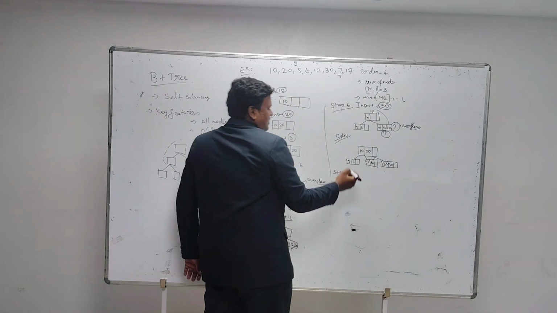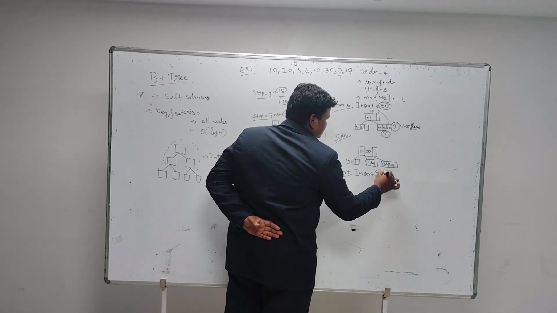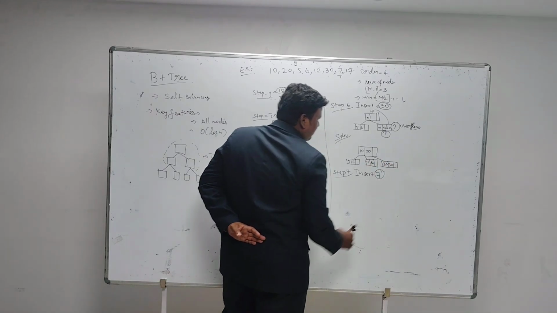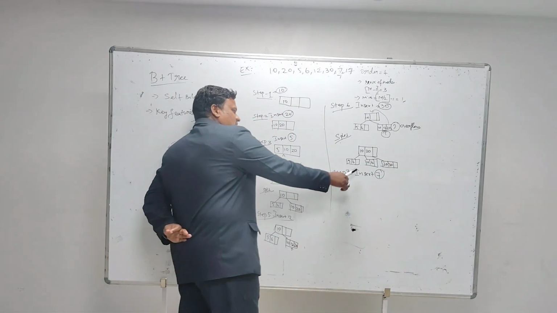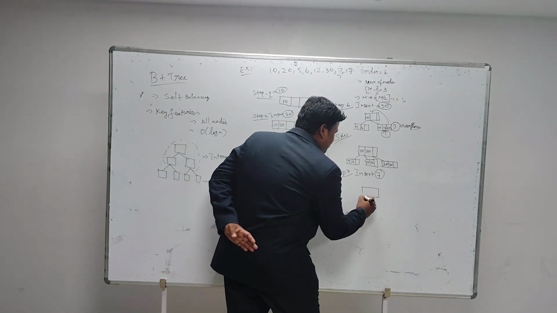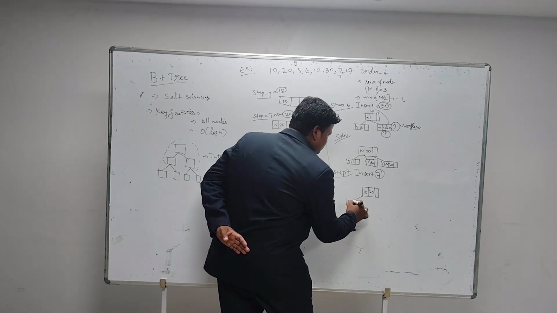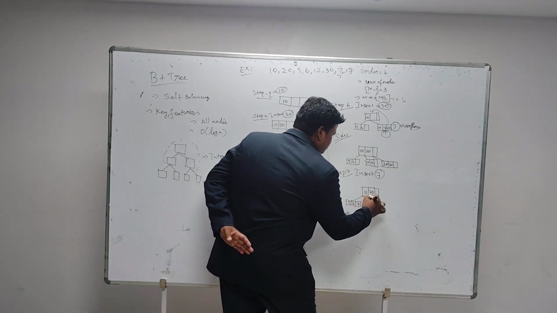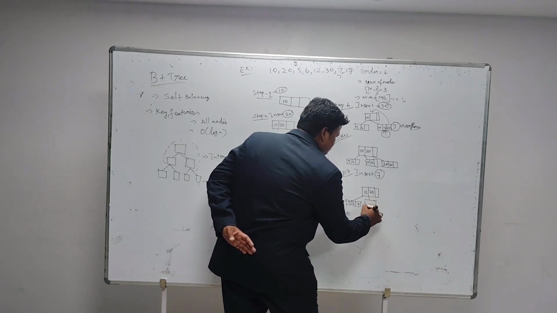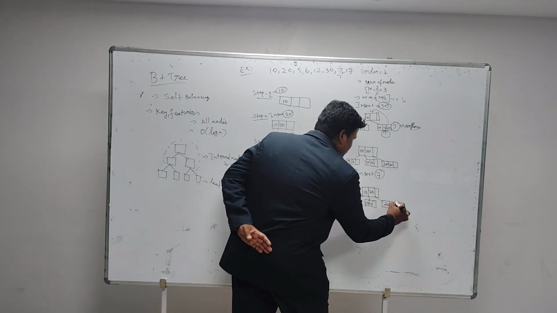We are going to insert 7. Already we have a free space here, so there is no split needed. We are going to directly insert the value here, and 12 here, then the remaining 20, 30.